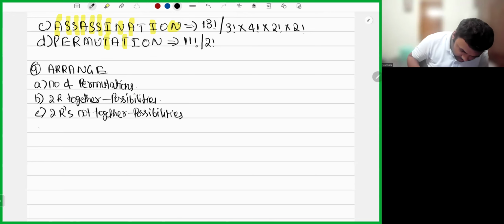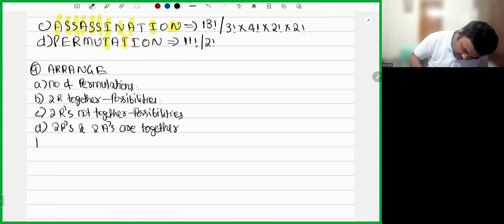Point number D: two R's and two A's are together. How many possibilities are there? Next, vowels are always together.